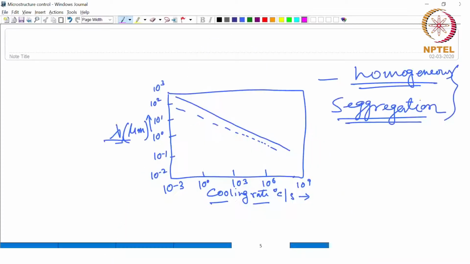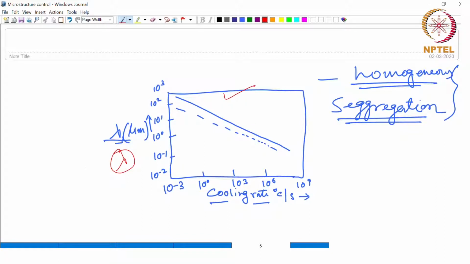So, in the previous class we have seen that the cooling rate during the solidification which takes place in the atomization process will have a great influence on the microstructure of the powder particles. As you increase the cooling rate, the dendrite arm spacing lambda decreases and the microstructure becomes more and more finer.